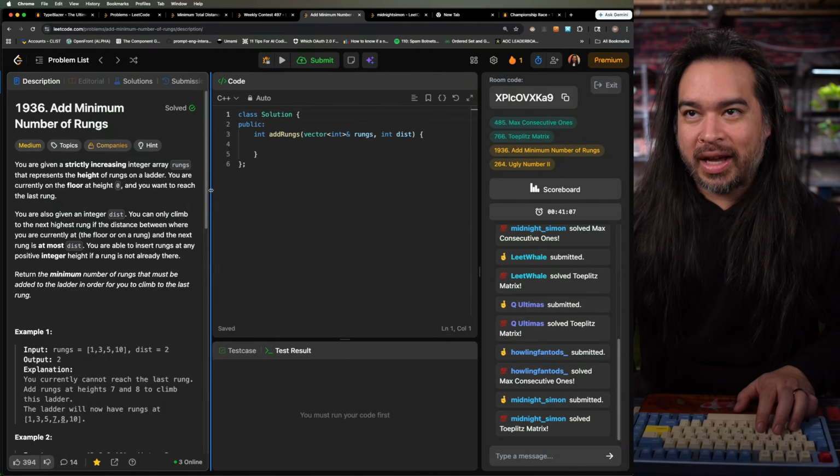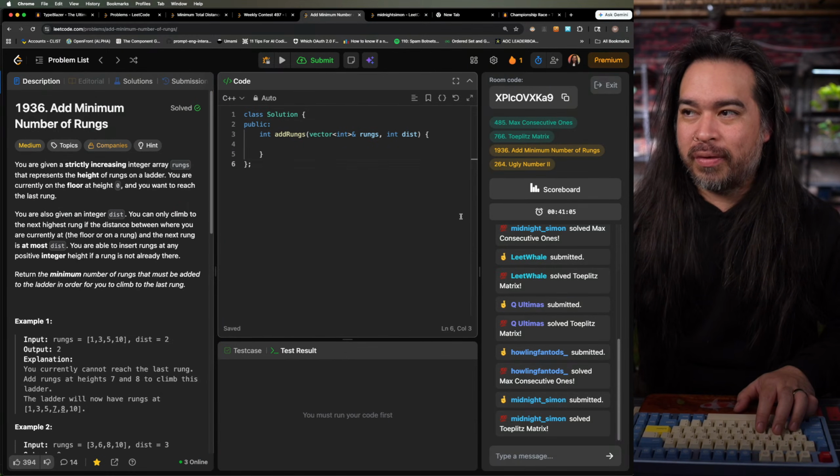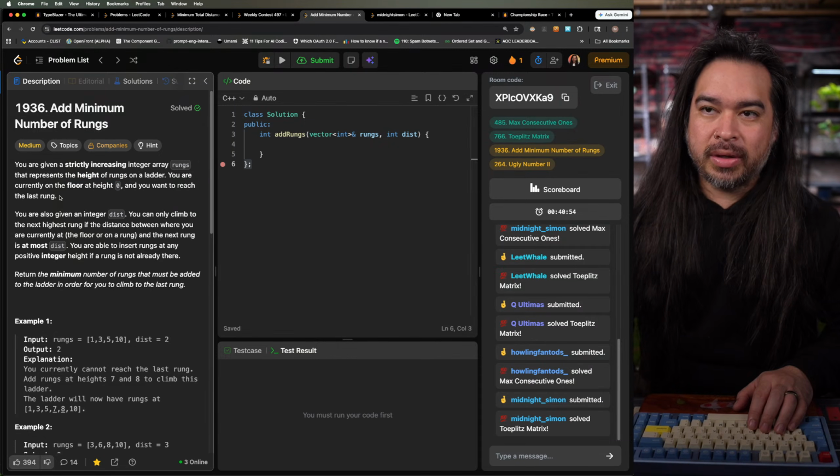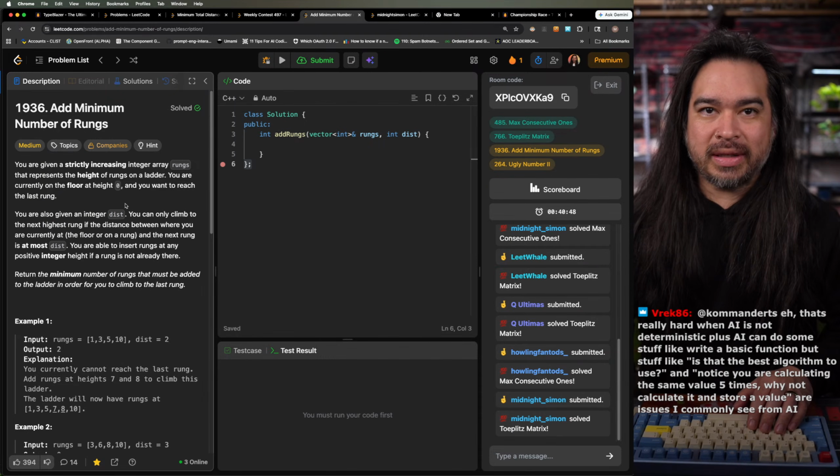All right, we got add minimum number of rungs. You are given a strictly increasing integer array rungs that represents the height of rungs on a ladder. You are currently on the floor at height 0 and you want to reach the last rung. You're also given an integer dist.